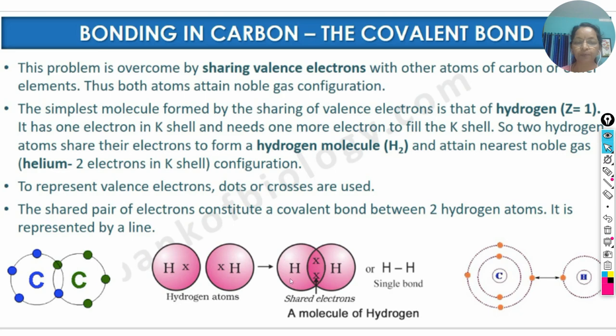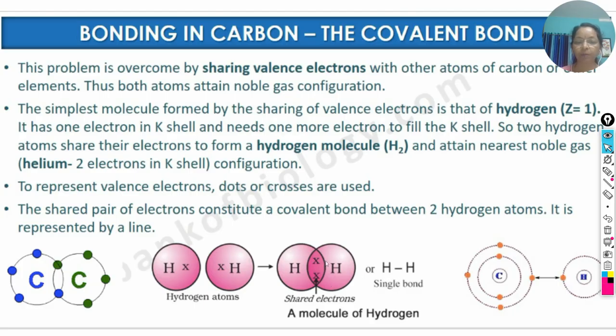See, now look at each hydrogen atom, it has 2 electrons. That means that shell is completely filled. Okay, and this one also reaches the completely filled state. So by sharing one pair of electrons, 2 hydrogen atoms gain a stable state, and we can represent it like this.